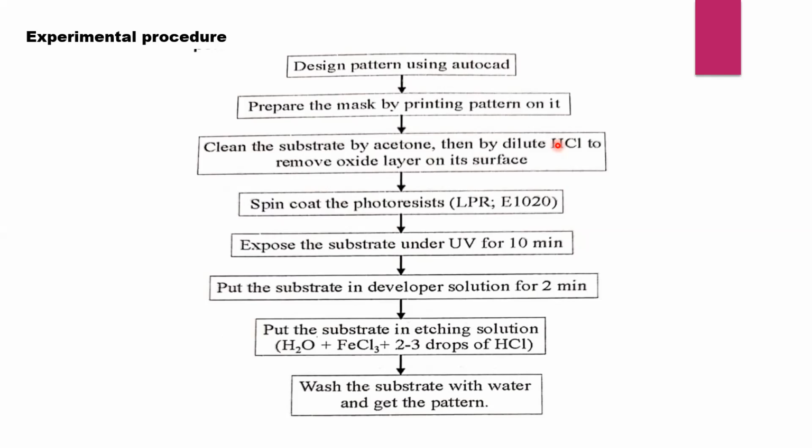Next, what we need to do. On the substrate which is free of the impurities, we have to pour the photoresist. So I'm saying pour. That indicates that the photoresist is liquid. Yes, students, the photoresist is liquid. So we have to pour the photoresist on the surface of our pure silicon substrate.